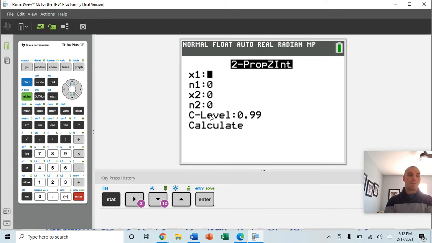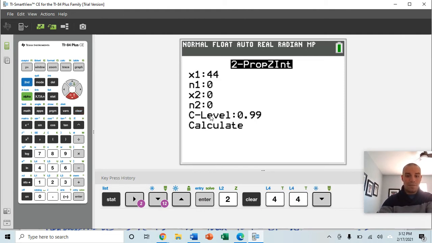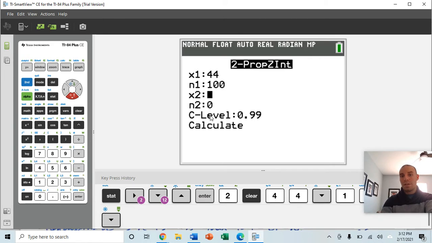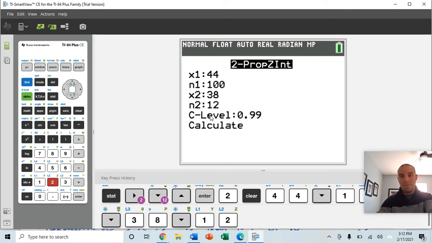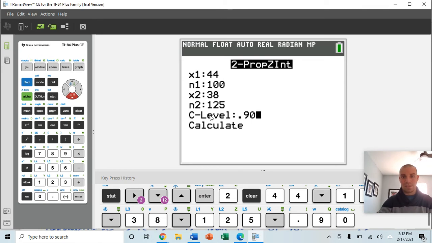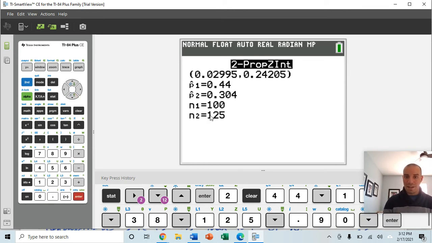So for example, maybe we found that 44 out of 100 people in New Jersey own a dog, and 38 out of 125 people in New York own a dog. Your sample sizes don't have to be the same. And we want to create the 90% confidence interval. I would just plug in those values there, hit calculate, and there's my interval.